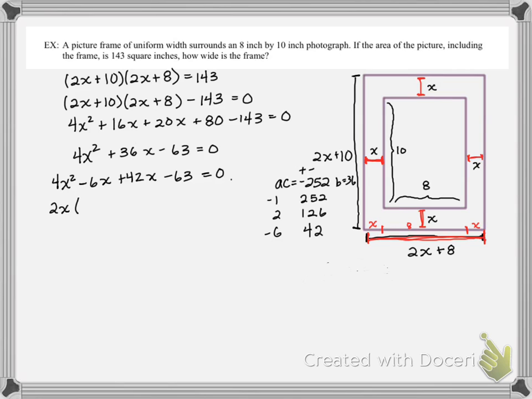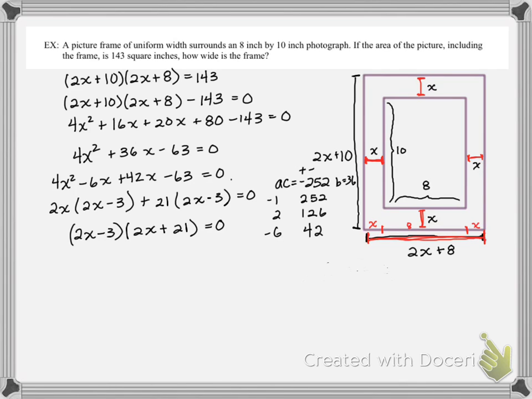So 2x minus 3 times 2x plus 21 equals 0.